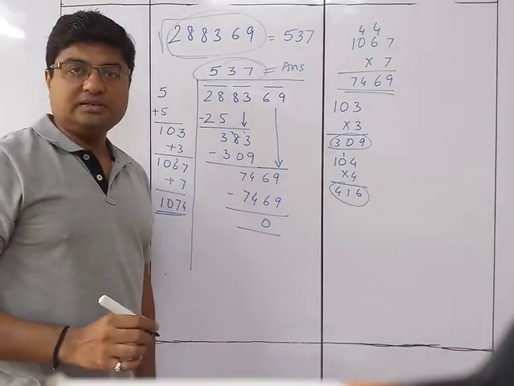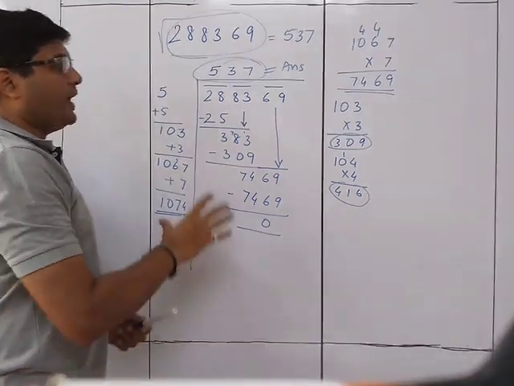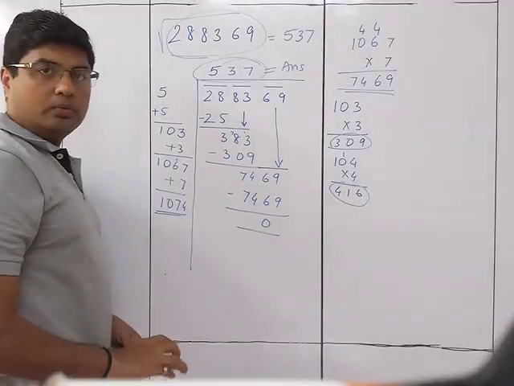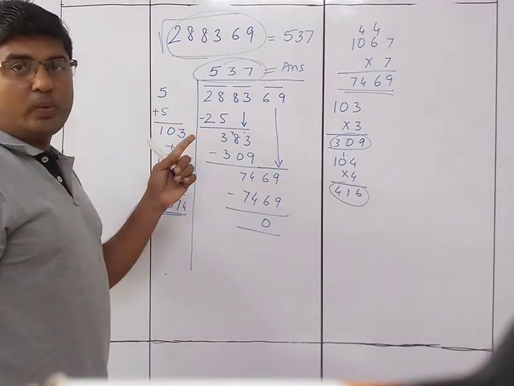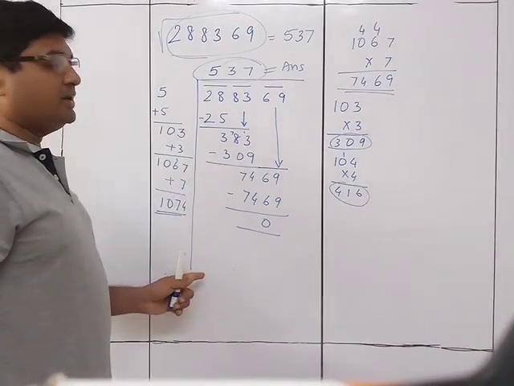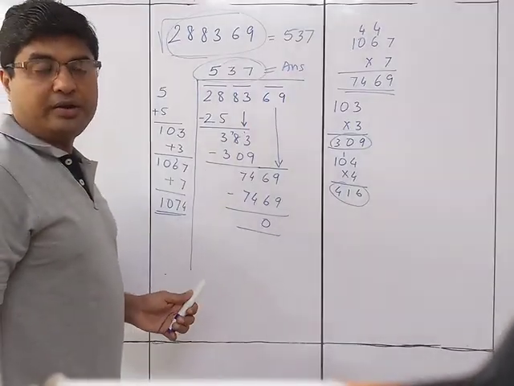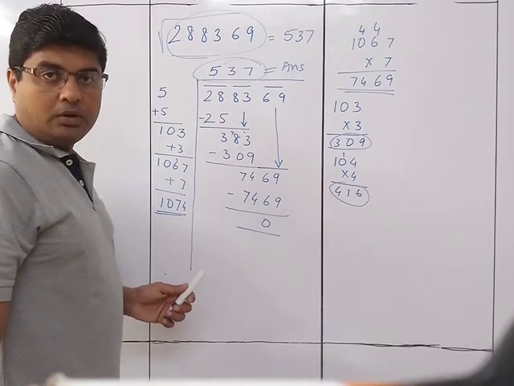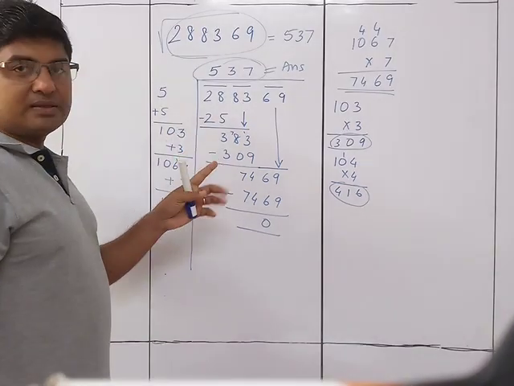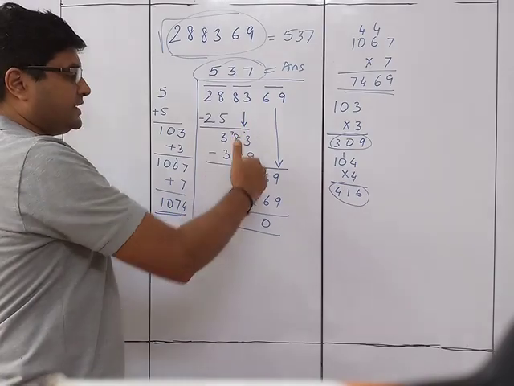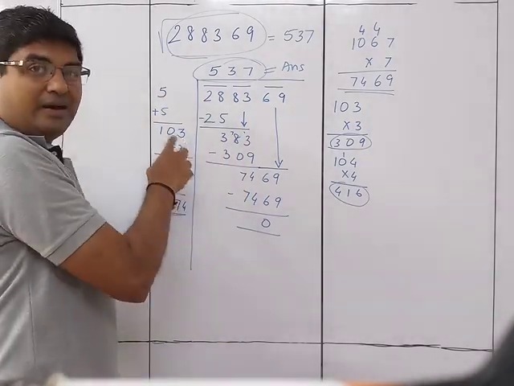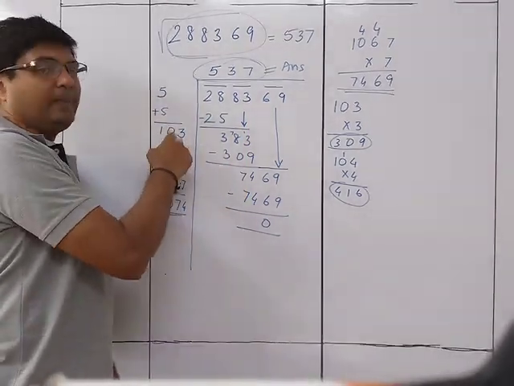Are we clear with this? Whenever you have a number for which we need to find the square root, this method is the long division method. In this long division method, as you see, we are doing it step by step, and the divisor keeps on changing.